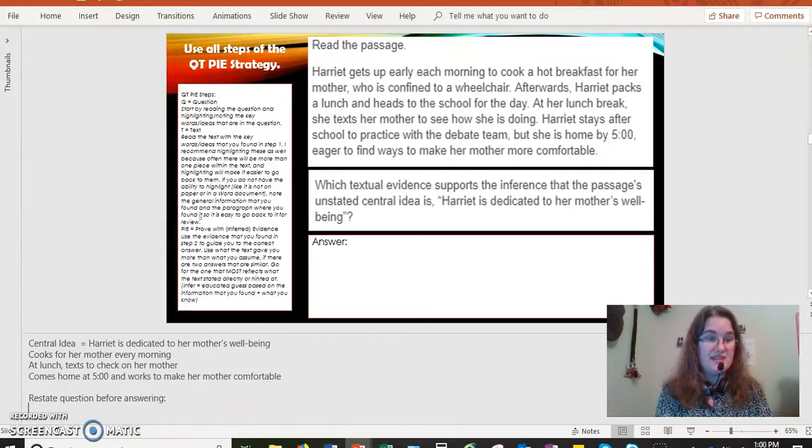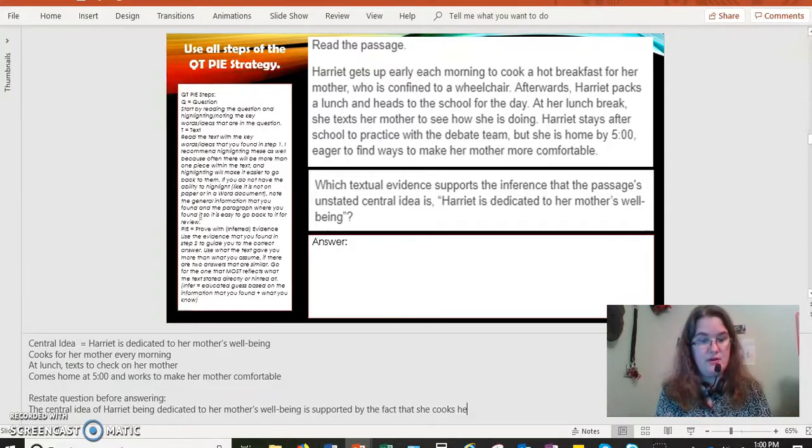So if I'm doing that, then I'd say the central idea of Harriet being dedicated to her mother's well-being is supported by the fact that she cooks her mother's breakfast every morning.